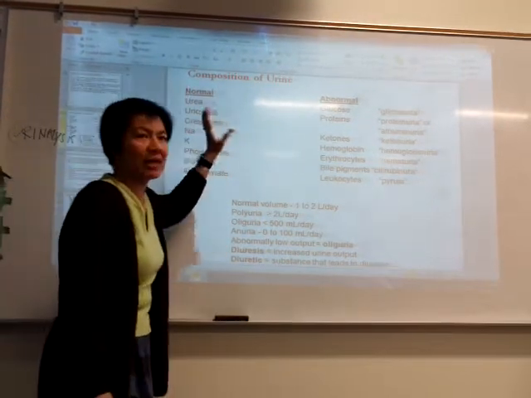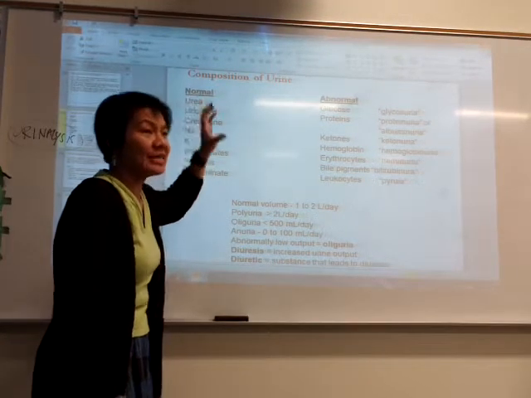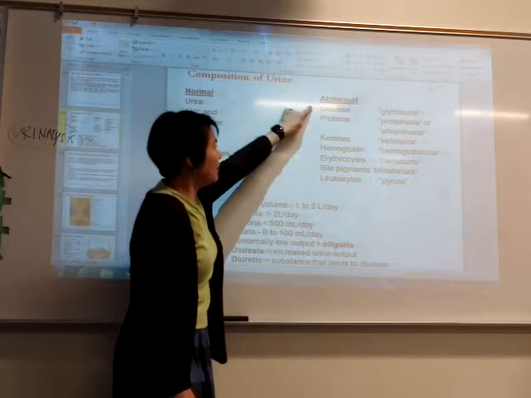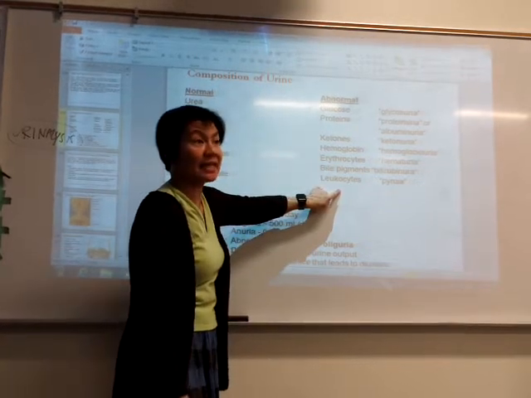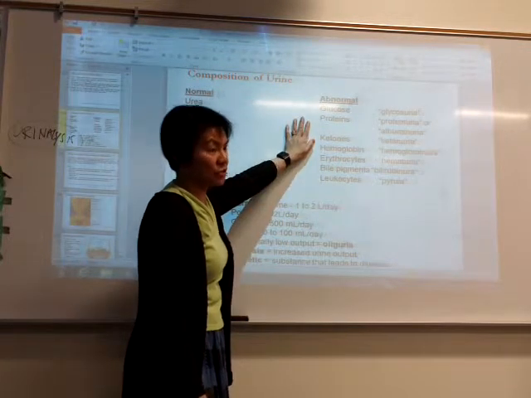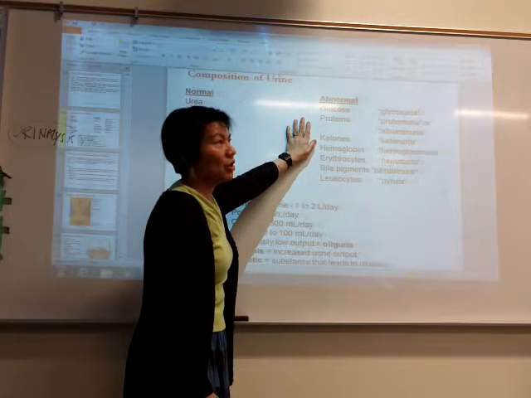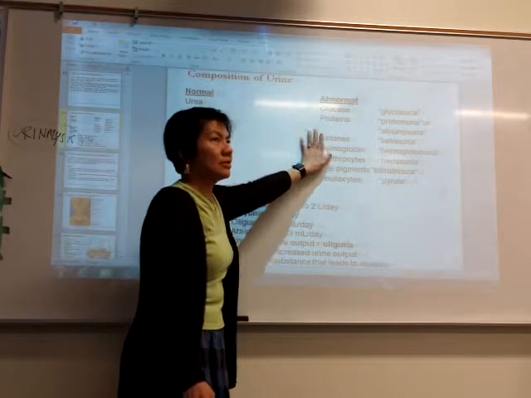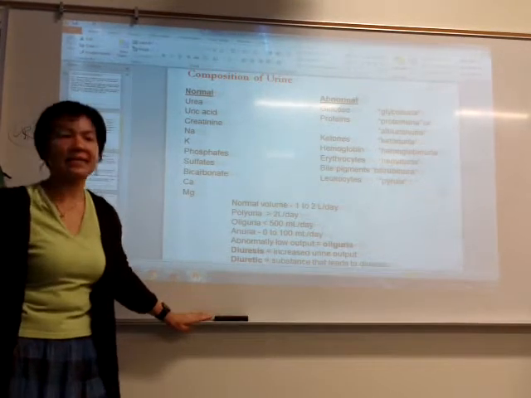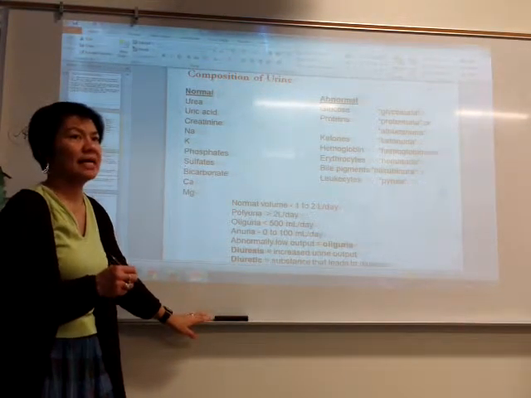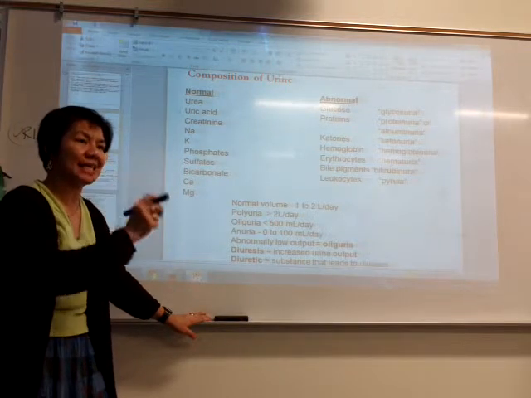So in the test, you will answer in terms of, is my kidney healthy or not? This one, if this is present, that means my kidney is no longer working. So that's abnormal. Do you understand? So let's say if I write down, I think the test bank even says rusty colored urine. That's normal. It's normal because my kidney is working.